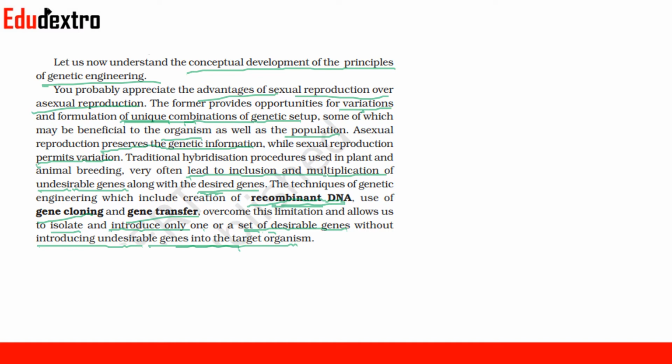So with this technique, you can create your own combination using gene cloning and gene transfer. Gene cloning is basically creating many copies of what you have created and then transferring it. Using this, you can introduce only the desirable genes into the target organism. So we can overcome the problem of inbreeding depression.